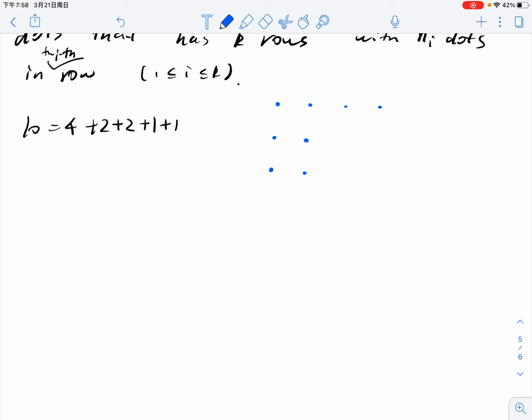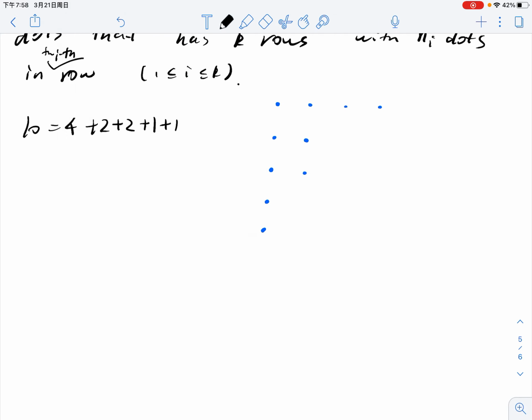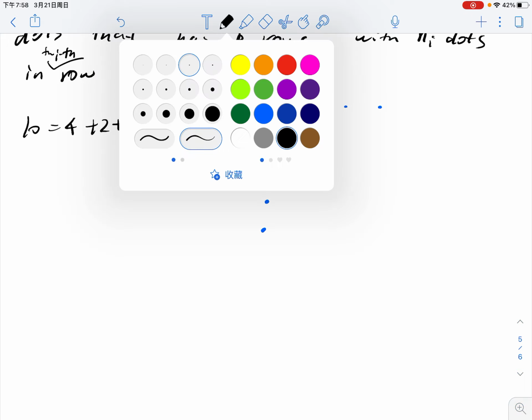Then the third is 2, the fourth is 1, and the last is 1. So how do we decide the number of dots in each row?